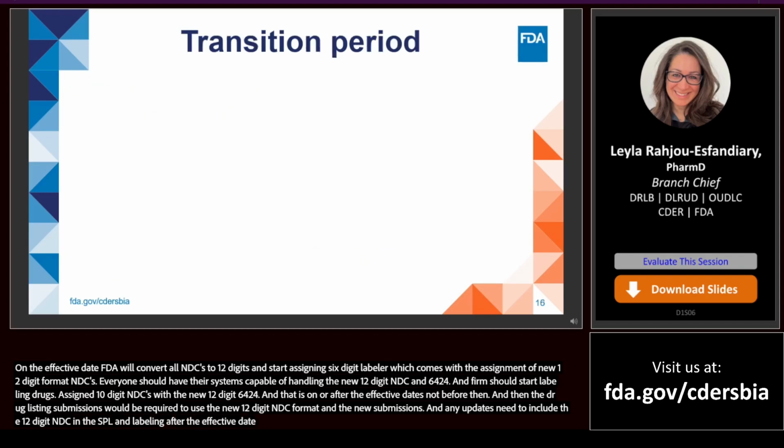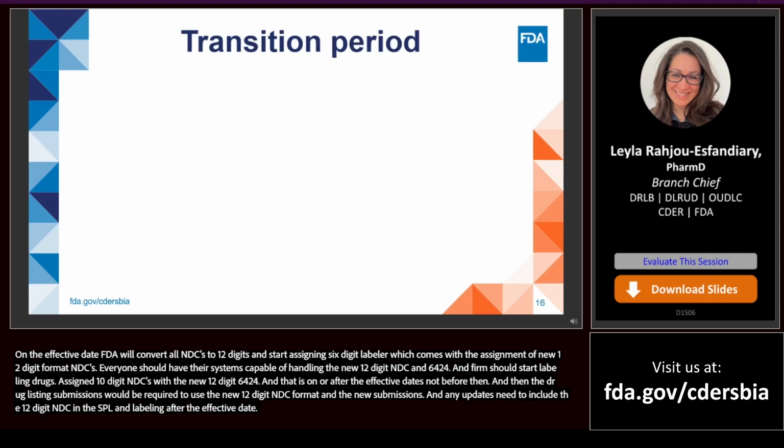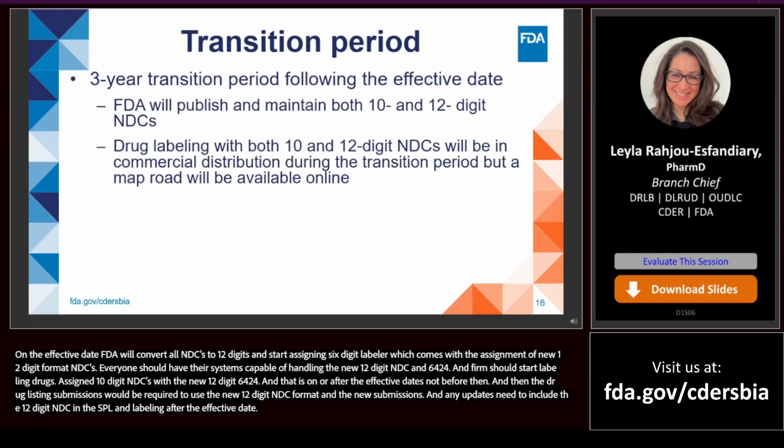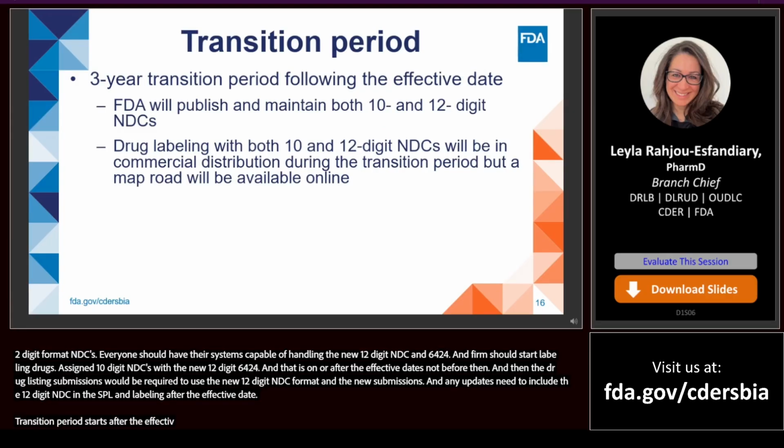Transition period starts right after the effective date, and it's proposed currently to be 3 years. During this time, FDA will publish and maintain both 10 and 12-digit NDCs.